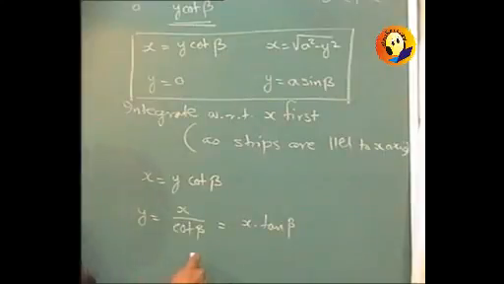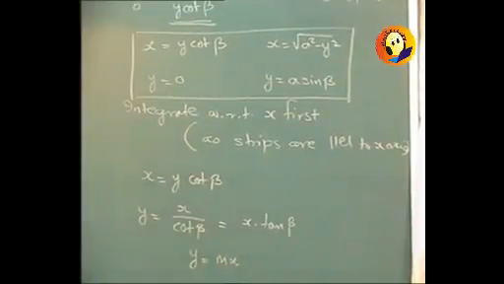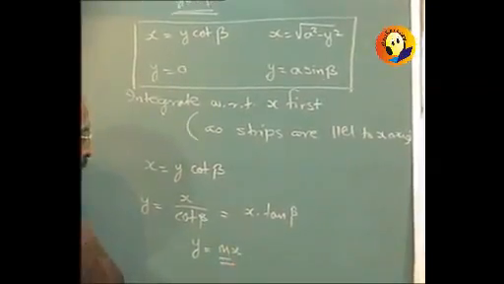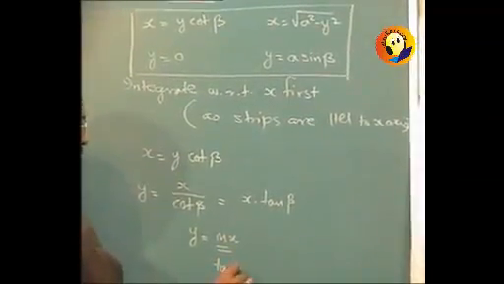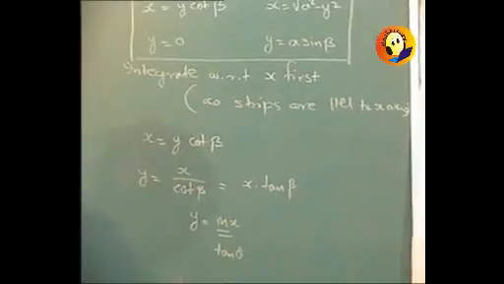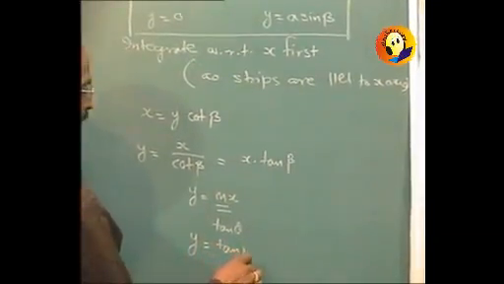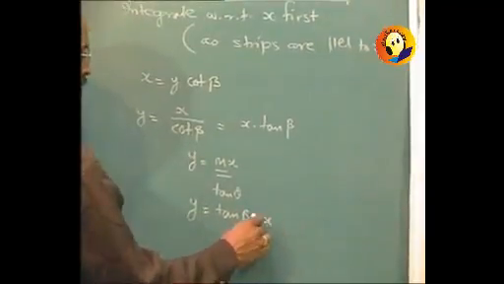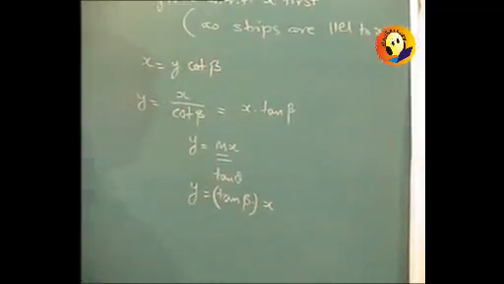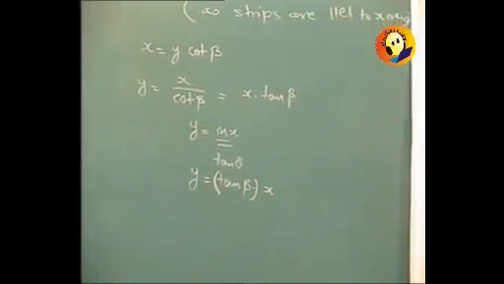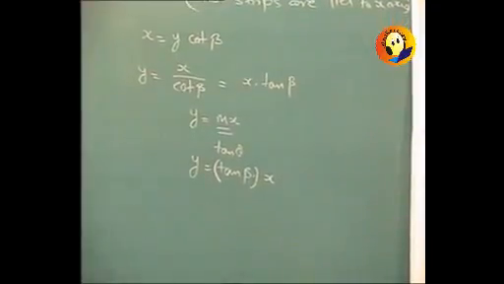We find the similarity between this particular equation and the standard equation of line y equal to mx, which is passing through origin. If you recall, m is nothing but the slope of the line, which is normally written as tan theta. So we find that this particular line, y equal to tan beta into x, is a line passing through origin, which makes an angle of beta with x-axis.